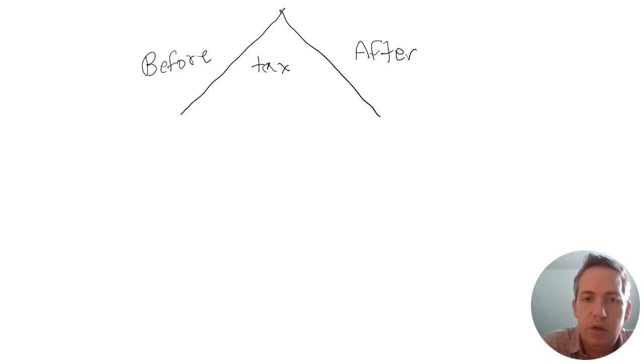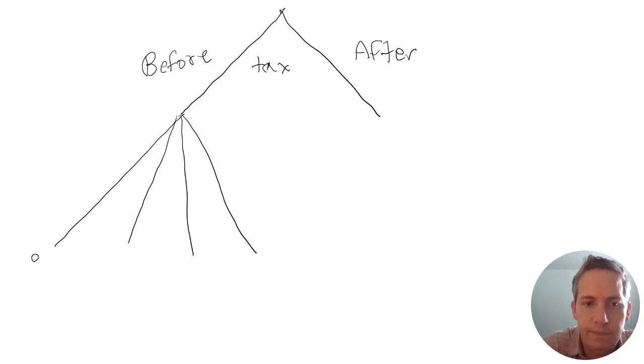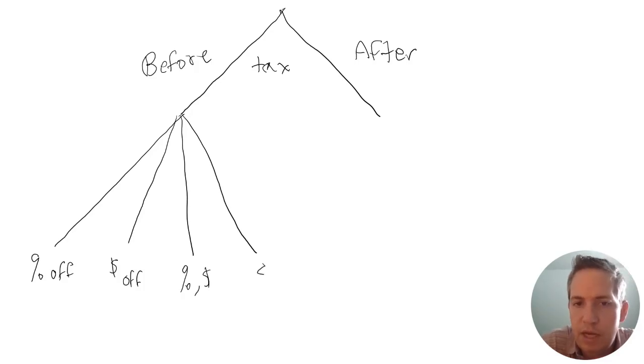Once you figure out if the tax is before or after, then you've got some different types of coupons, right? So you've got the percent off. You've got the dollar or the value, like $5 off, $10 off. You could have two coupons, percent before dollar, or you could have a dollar amount before the percentage.